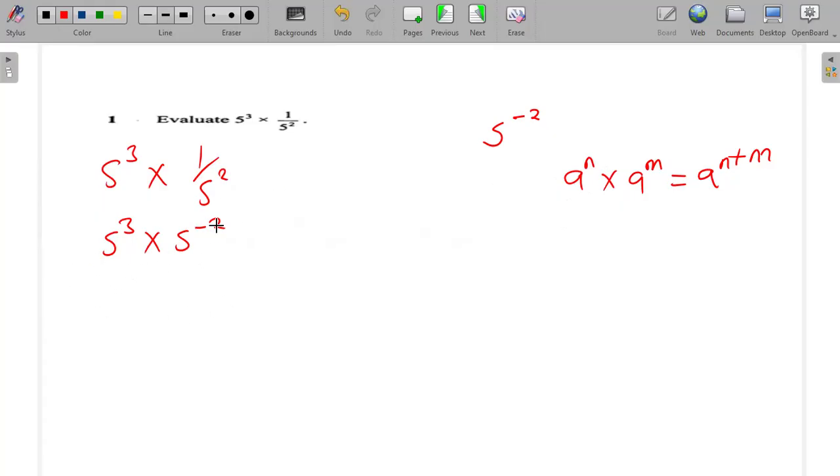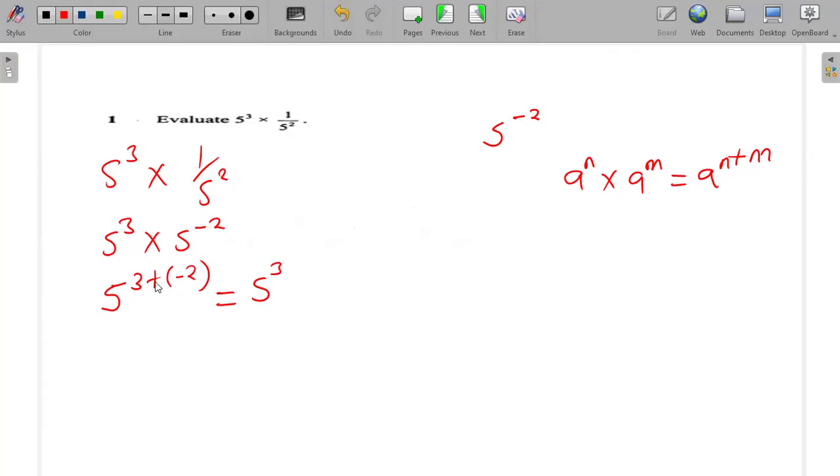The way this expression is here, you can see a 5 and a 5. These bases are the same, isn't it? So we can just add the powers to get the final answer. We get one of the base, which is 5, then 3 plus, remember we are adding, plus negative 2. So what is 3 plus negative 2?